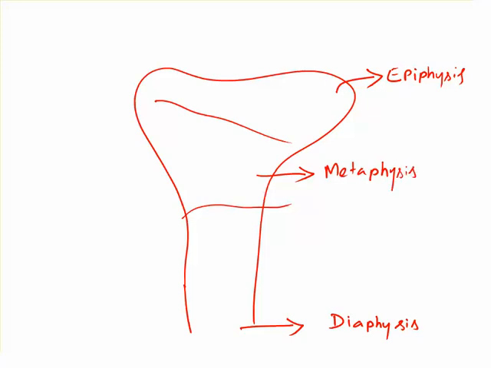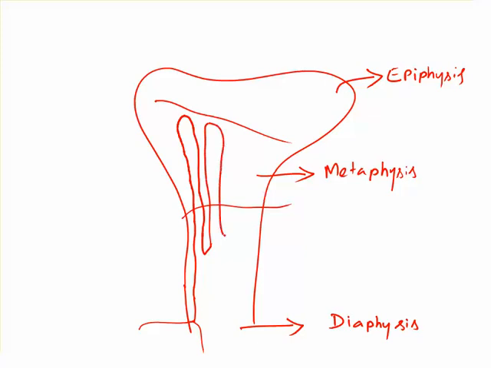Normally the blood vessel enters the diaphysis and goes upward and downward. They give branches, and the branches travel towards the metaphysis, take a U-turn and come down. They keep on going to the metaphysis and keep on supplying it.